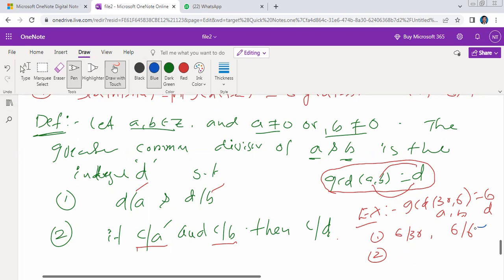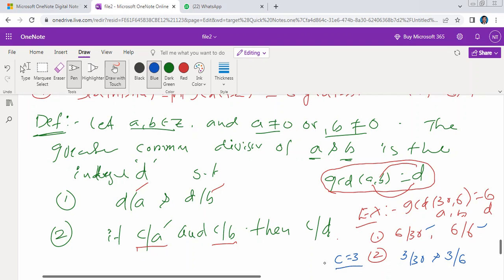Yes, both are correct. Then the second condition: suppose I select one more number c. I am taking c equal to 3. 3 divides 30 and 3 divides 6.